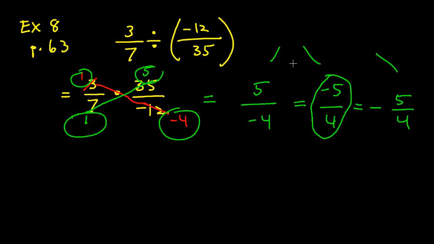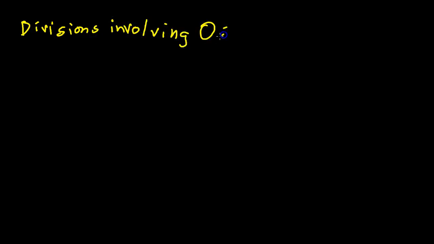All right, let's talk about divisions involving 0, the very mysterious number 0. And what do I mean by that? Well, let's ask ourselves, what is 0 divided by 3?